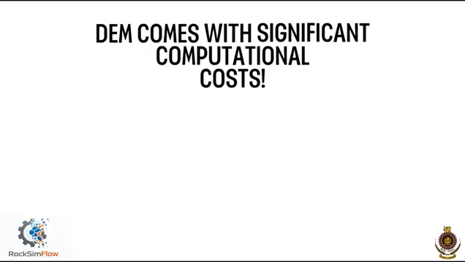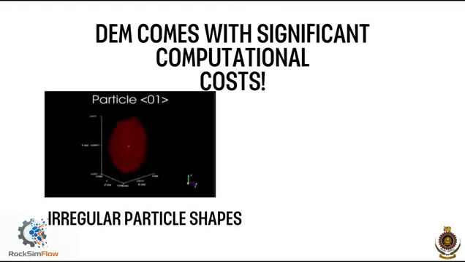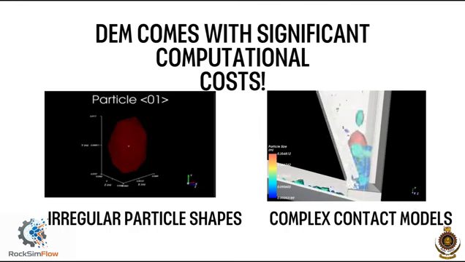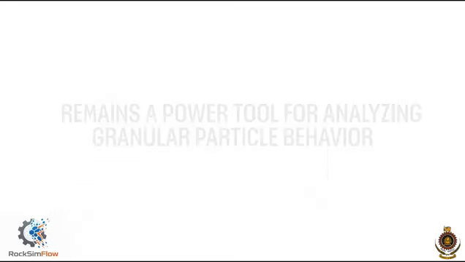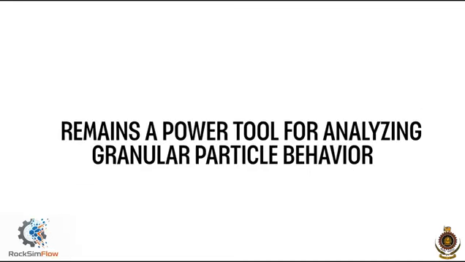However, these simulations come with a significant computational cost. As the system complexity increases, particularly when incorporating irregular particle shapes or more detailed contact models, the time required for computation rises substantially. Despite these challenges, the method remains a powerful tool for understanding granular material behavior in crushers.